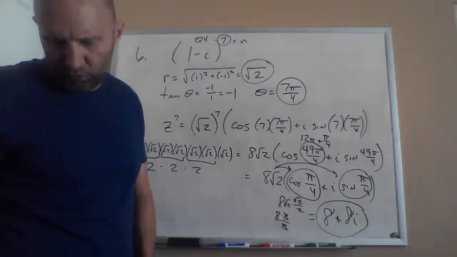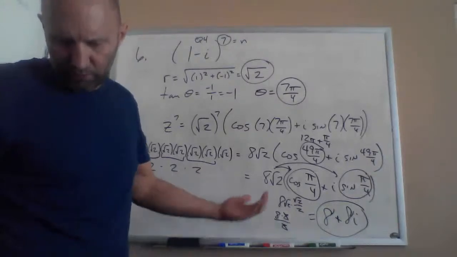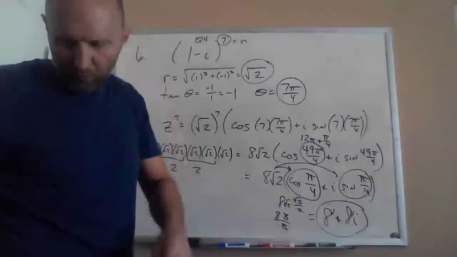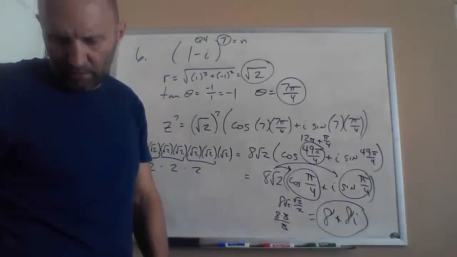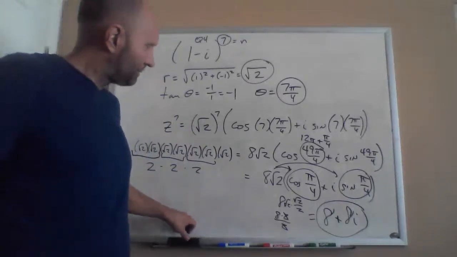So let's go to, so 5 you should be able to do now. It's the same as this guy, just a couple different numbers. Actually, I think the numbers work out to be easier, maybe. Let's do number 4.